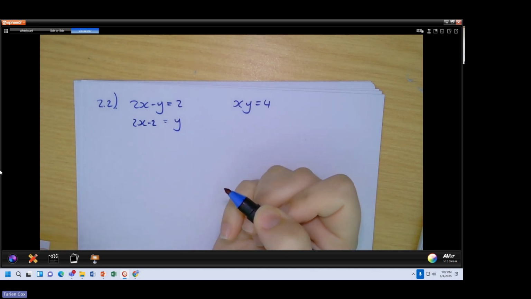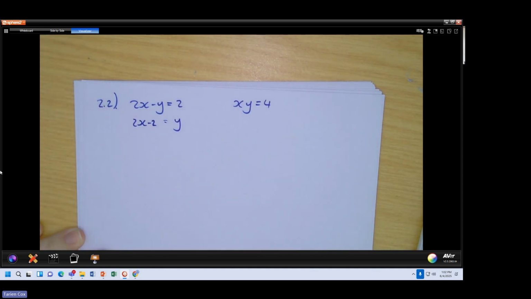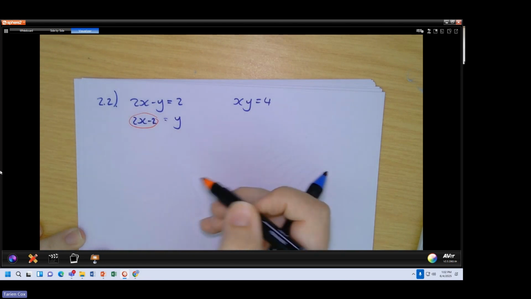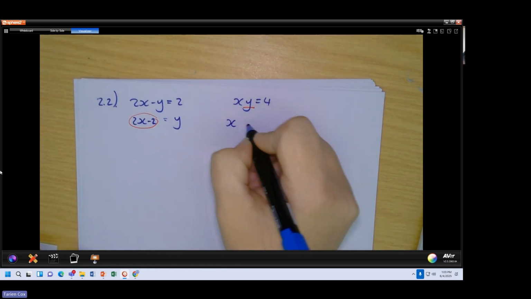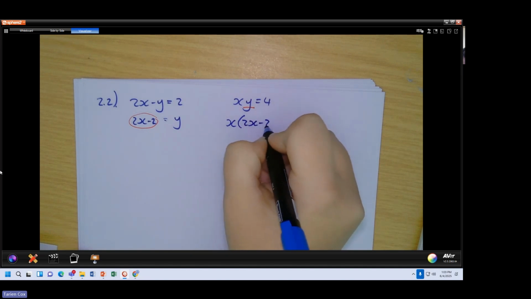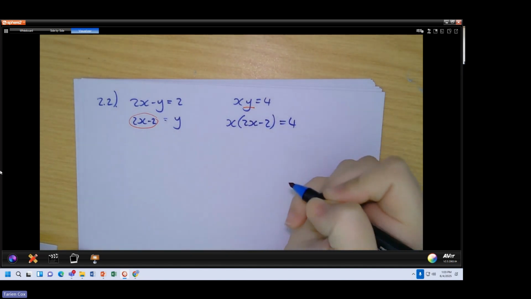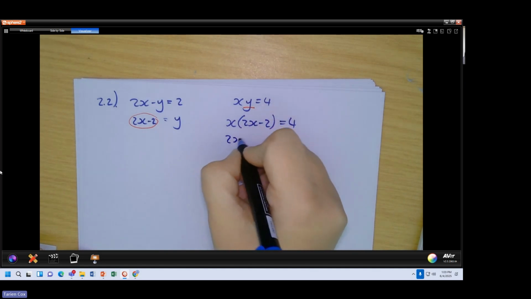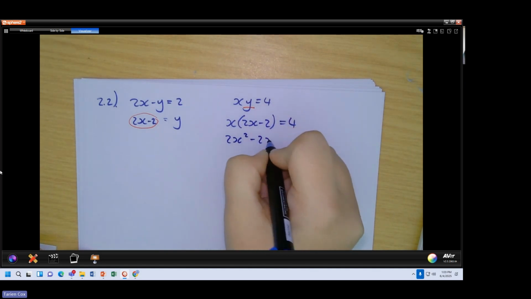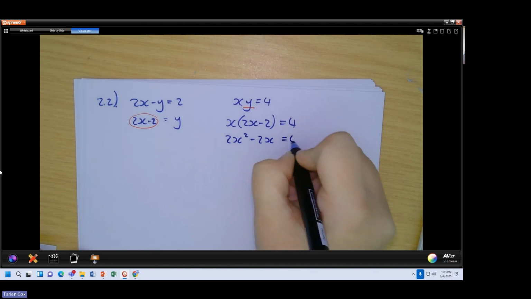What I will do next is I now know that y is equal to this, and every single time I see a y, I will replace it in brackets and substitute the value for y. So I've got x bracket 2x minus 2 is equal to 4. And to multiply out, that gives me 2x squared minus 2x is equal to 4.